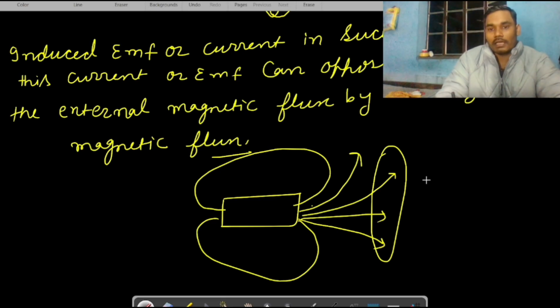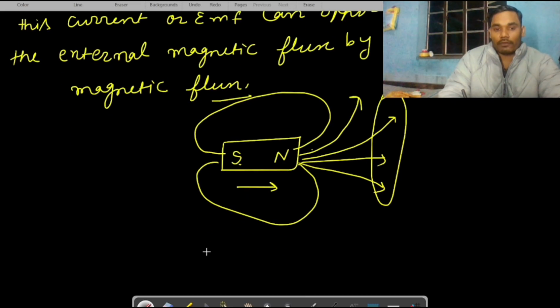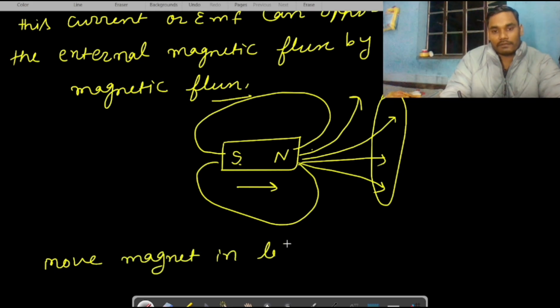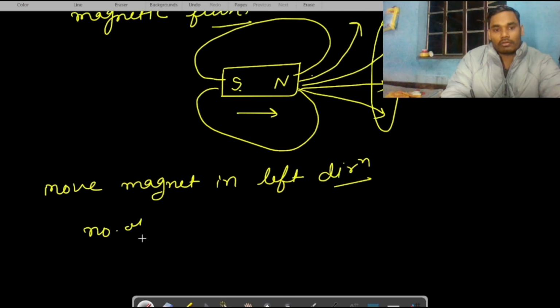This is your north pole and south pole. If I move this bar magnet in the left direction, then what will happen? The number of field lines will increase.